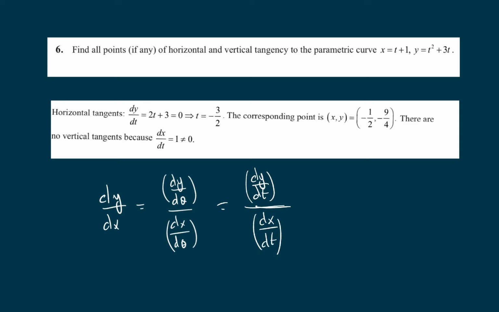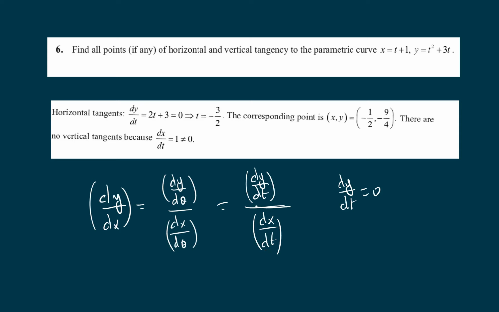If the derivative of y with respect to t is 0, it means that the slope, the derivative of y with respect to x, will be 0 if the derivative of x with respect to t is different than 0. Because 0 divided by something that is different than 0 is 0.